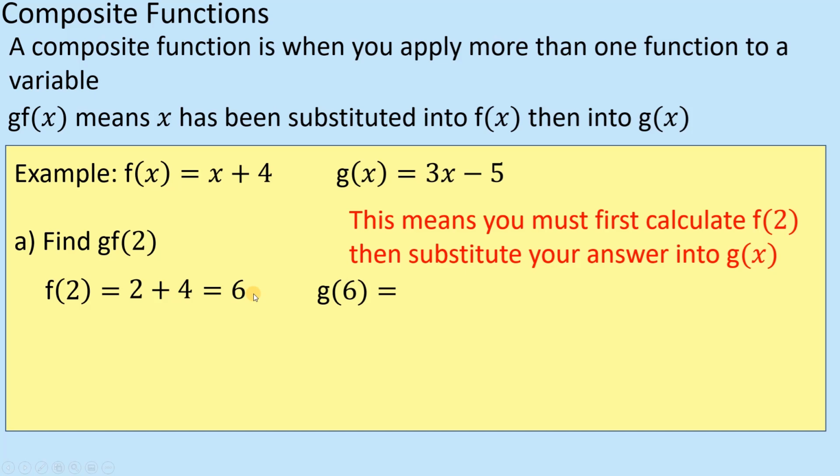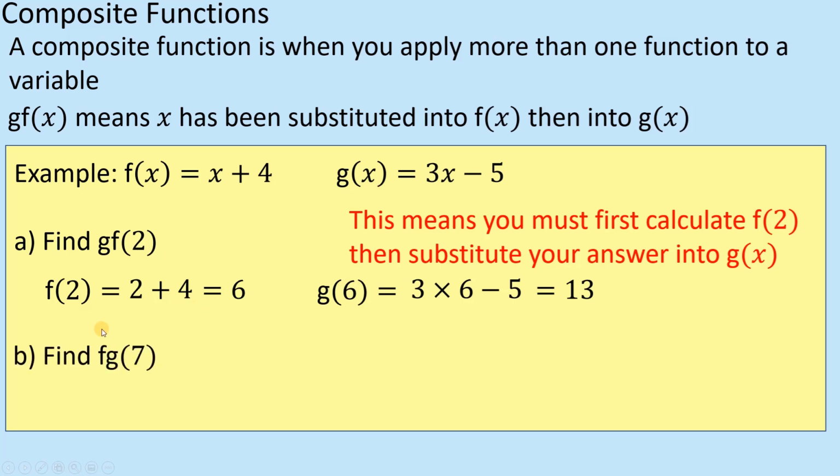We take this number, the 6, and put it into here. 6 goes into this one, which is 3 times 6, which is 18. Take away 5, and it gives you 13. I hope you followed that. Essentially, we do the f of 2 bit first, the bit on the right-hand side, get an answer, and then it goes into the other one.